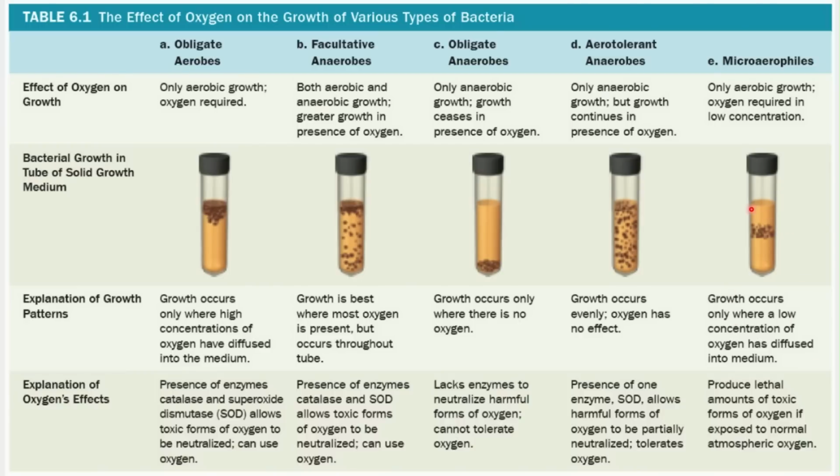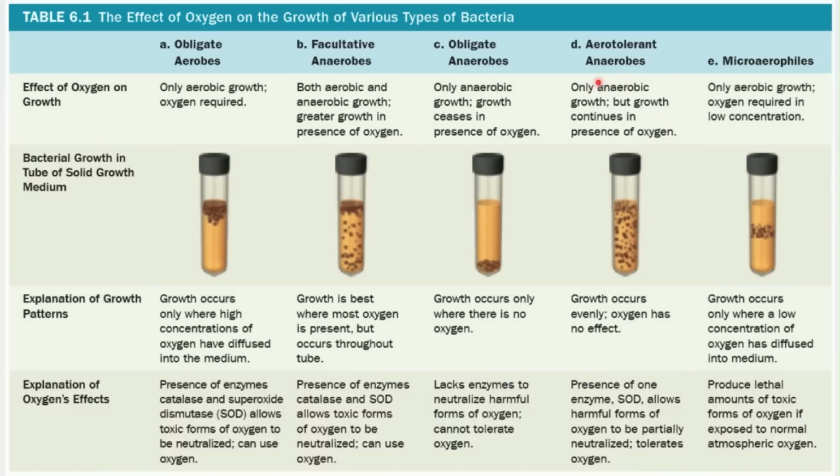So those are the microaerophiles, and you find them growing right in the middle here, at this special zone where there's not that much oxygen down further in the tube, but not so low that they're completely deprived of oxygen.